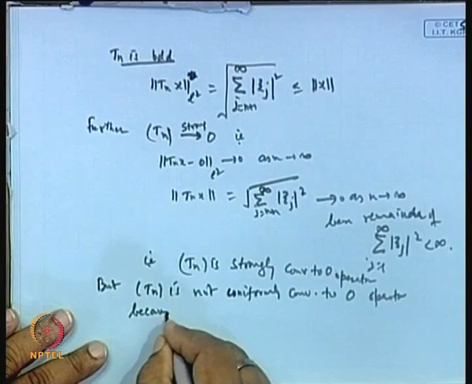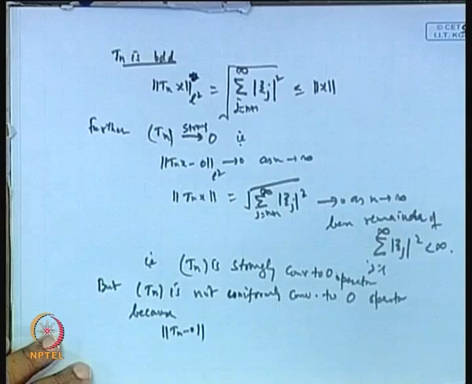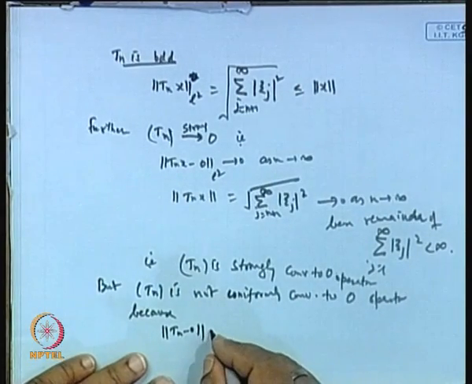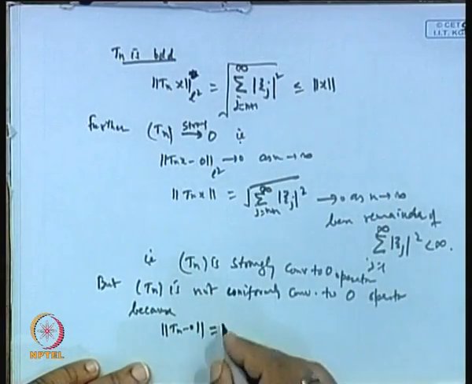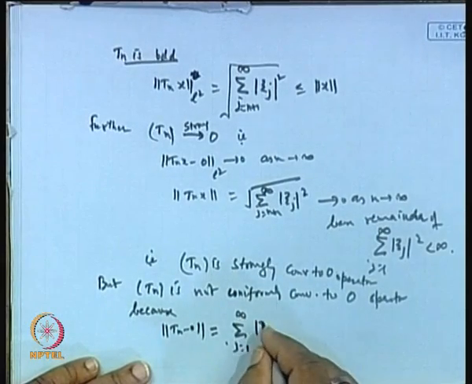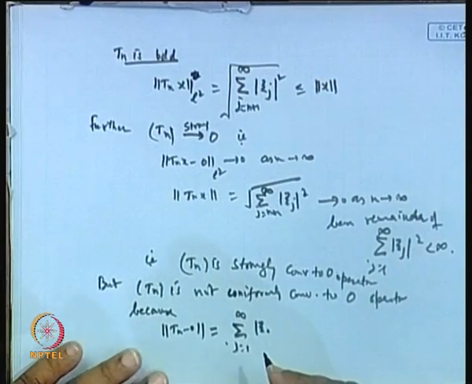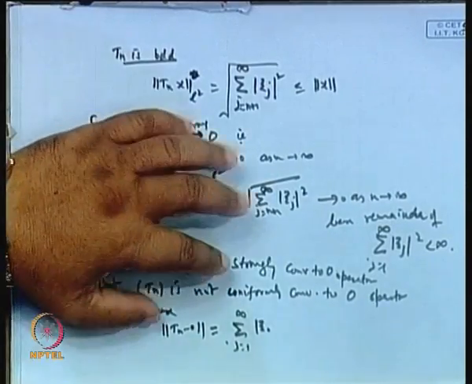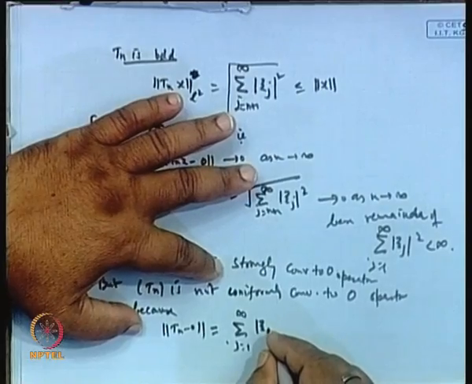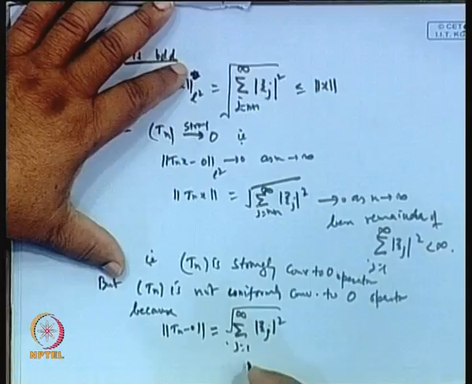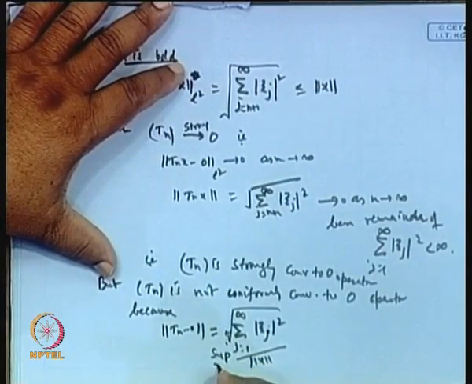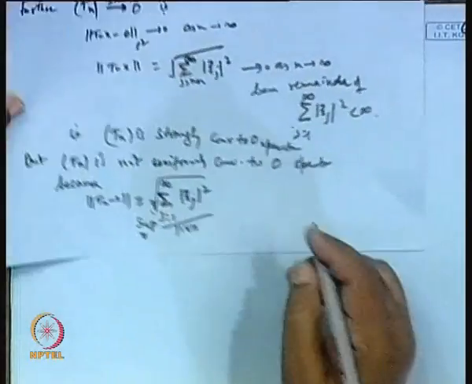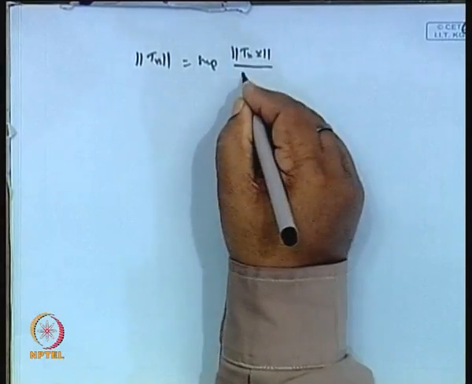Because what is the norm of Tn minus the zero operator? By definition, the norm of Tn is the supremum, taken over all x belonging to the L2 space, x not equal to 0, of norm of Tn x over norm of x.